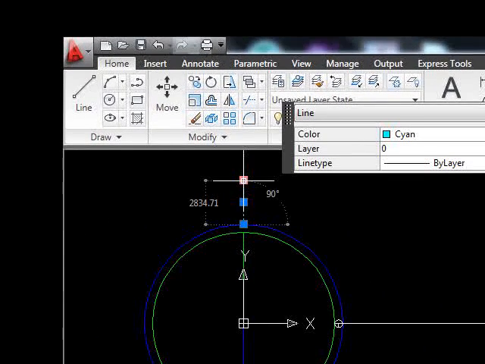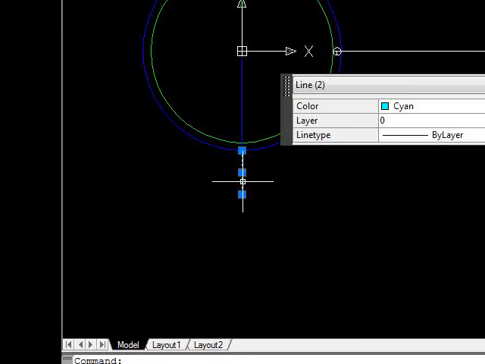So now we have our 2,834.71 on either side.